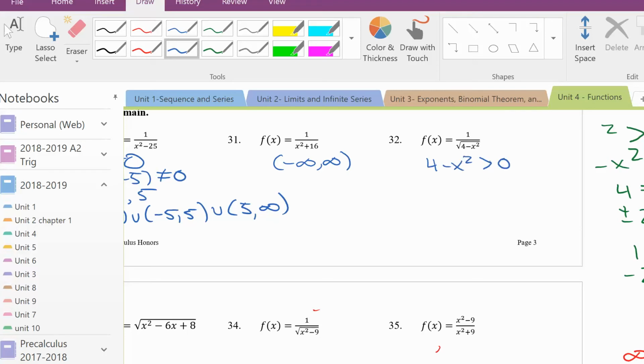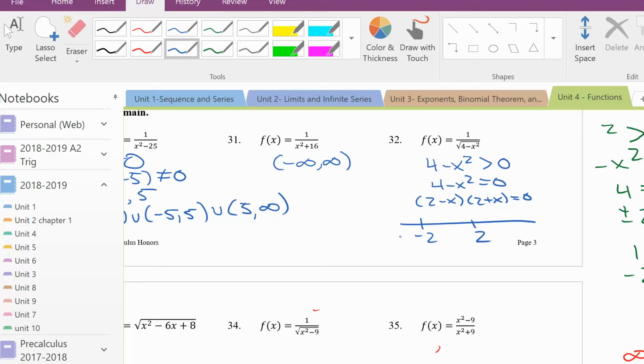Now this is a quadratic inequality. So 4 minus x squared, we'll set equal to 0. And then that's 2 minus x, 2 plus x. So that means x is equal to -2 and +2. So those are our intervals.